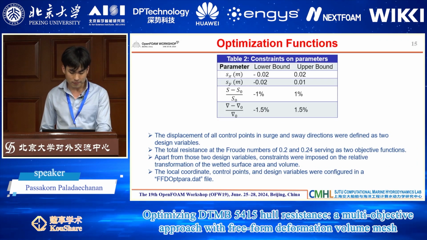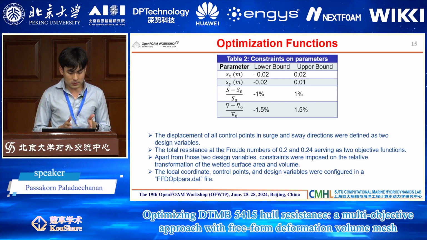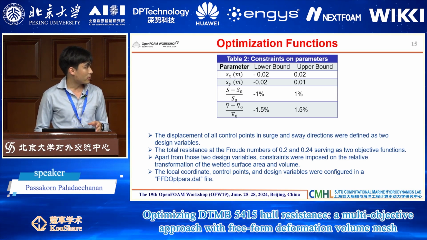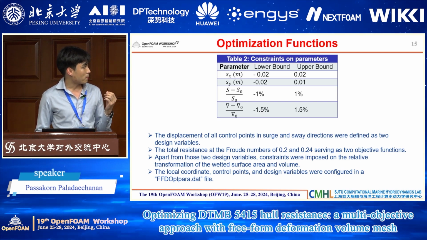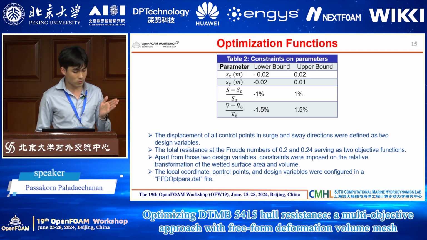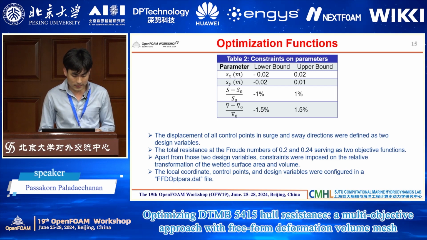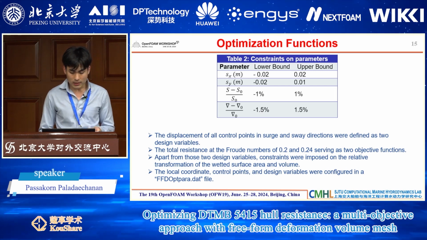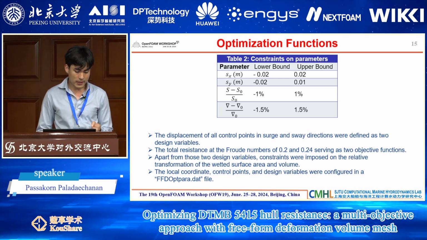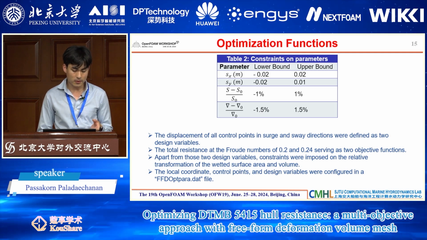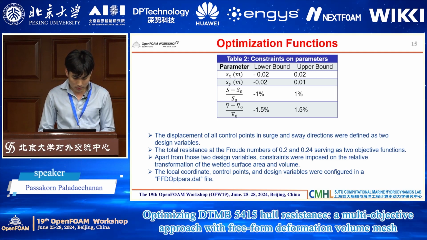So for the optimization function, we constrain the sway and the surge direction between minus 0.02 and 0.02, and we also constrain the relative volume and the relative wetted surface area within minus 1% to 1%, and within minus 1.5% to 1.5% respectively.